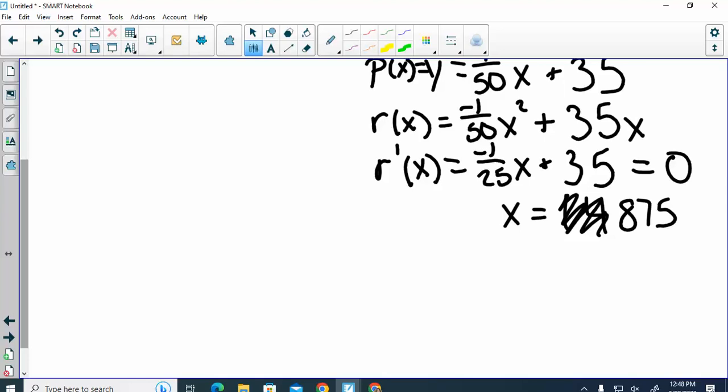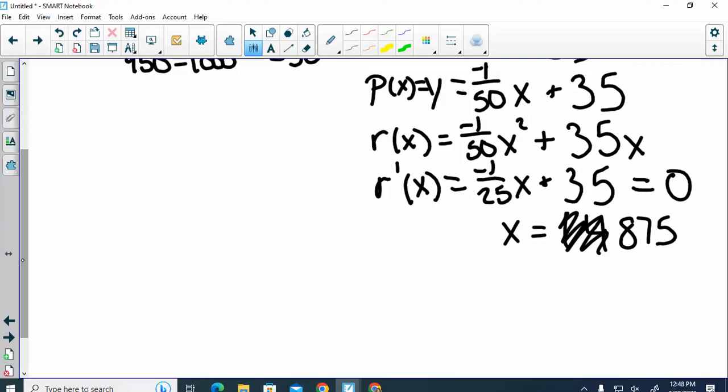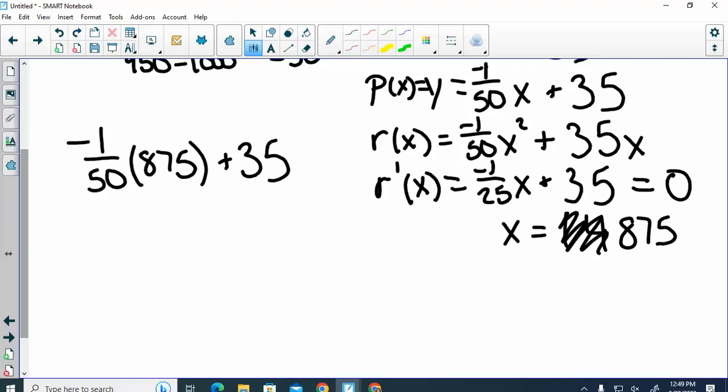So plug it in to the price function, which is why it is so beneficial if you are labeling things so you know where your price function is. Alright, so we need to be charging $17.50 a ticket. Is that okay?